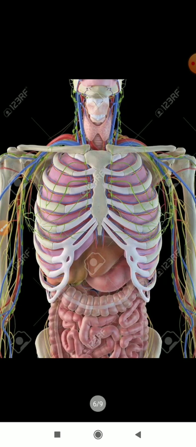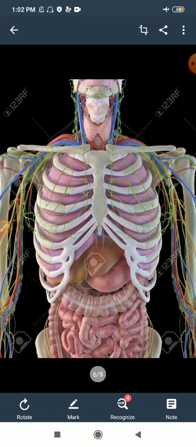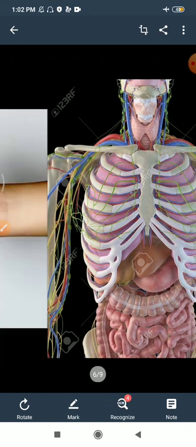You can see this white color structure is called your rib cage, which is a bone, and behind the rib cage your lungs are there. Two lungs you can see, that is your pink color. Then behind the lungs, on the left side, your heart will be there. So you can see how your heart is securely protected by the rib cage.